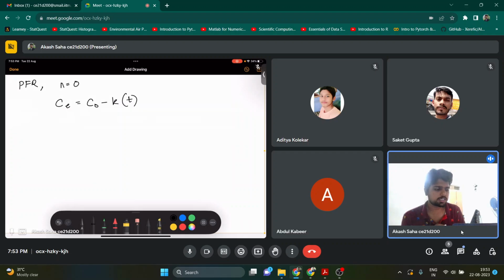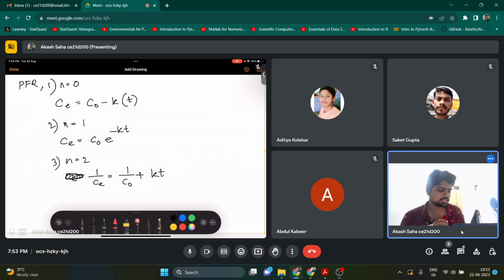This is for zeroth order reaction. For n equal to 1, C will equal C naught e to the power minus kt. This is for first order reaction. For n equal to 2, 1 by C is equal to 1 by C naught plus k into t. So this is my zeroth, first and second order reaction.